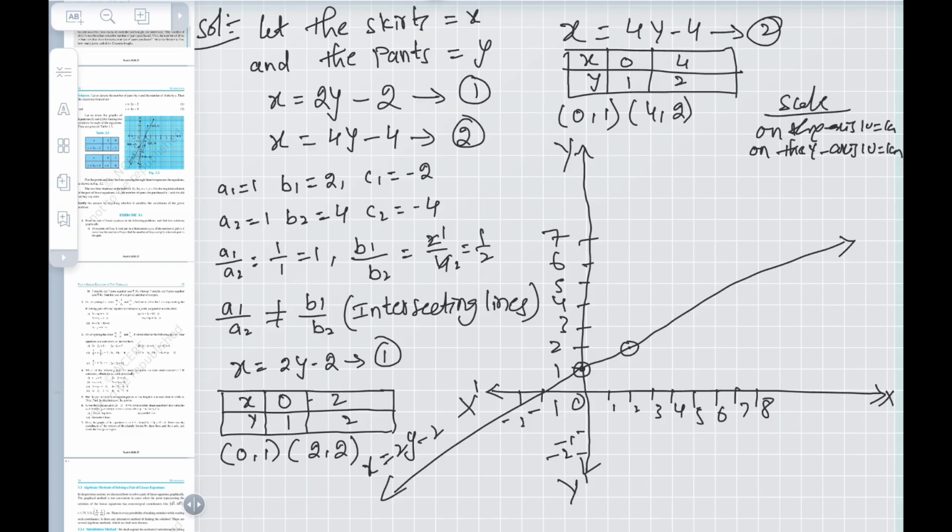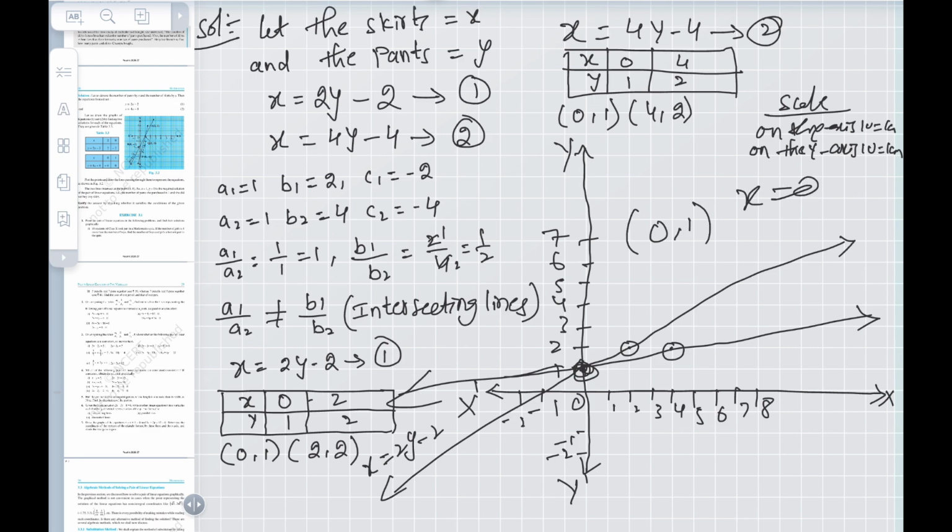There you will get it again. So next 4 comma 2, x value 4, y value 2. Here you get another point. So these 2 points need to be connected. So the intersection point is 0 comma 1.